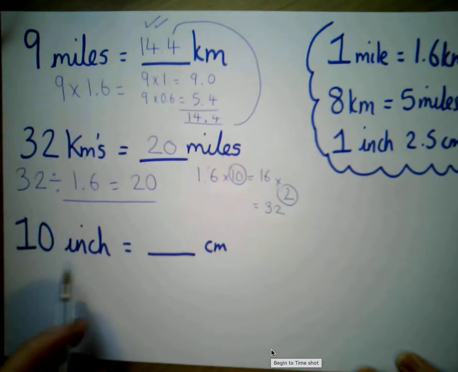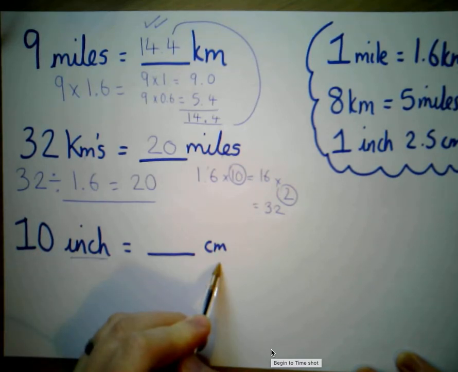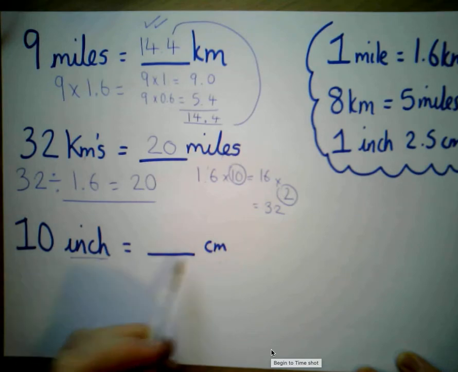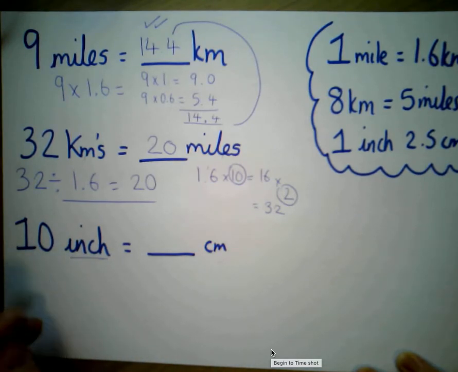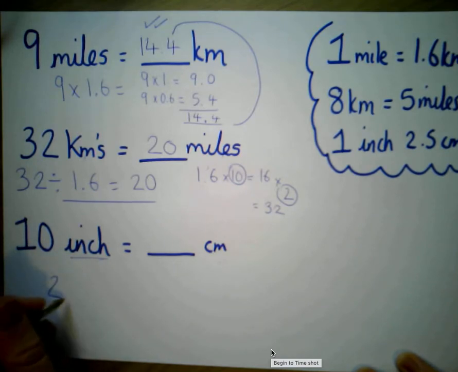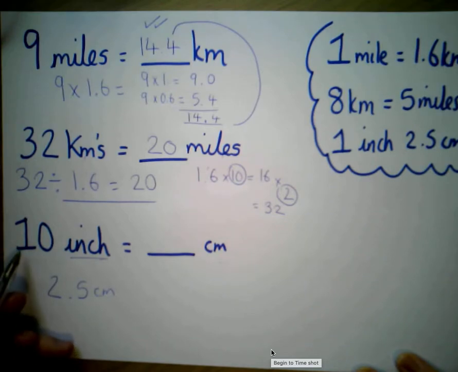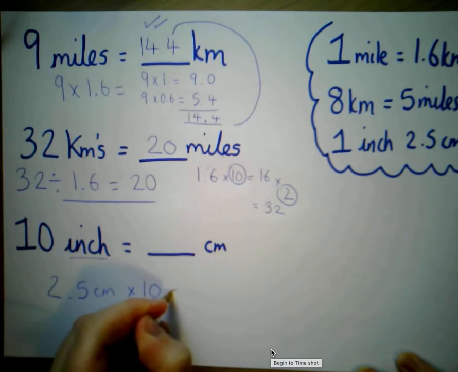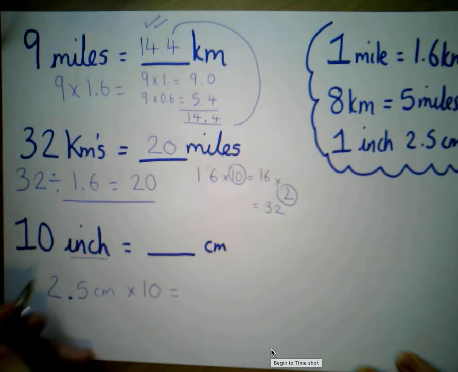Now, I've picked a nice easy one to start here, okay? I want to go from inches into centimetres. Now, straight away, you should be thinking this number is going to be bigger than this one because there's more centimetres in an inch than there is in a centimetre, all right? So I know that 1 inch is 2.5 centimetres, and I've got 10 of them. So I need to times this by 10, and straight away we know, remember, we don't move this decimal point, he stays where it is, it gets 10 times bigger.